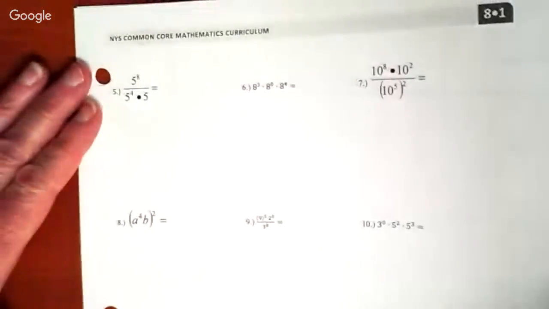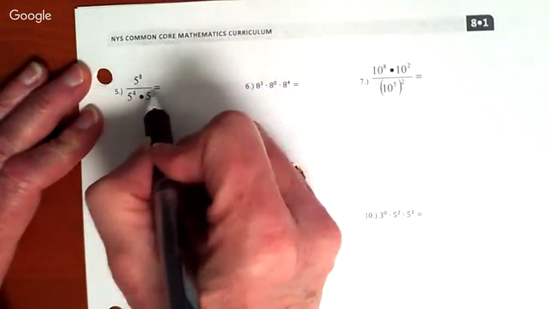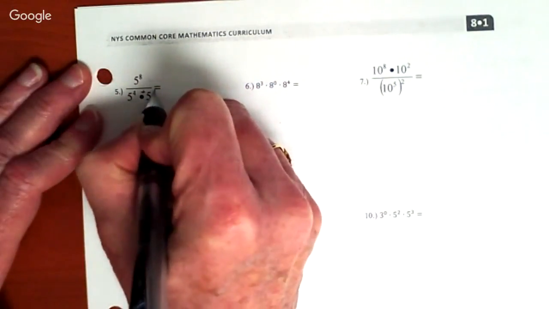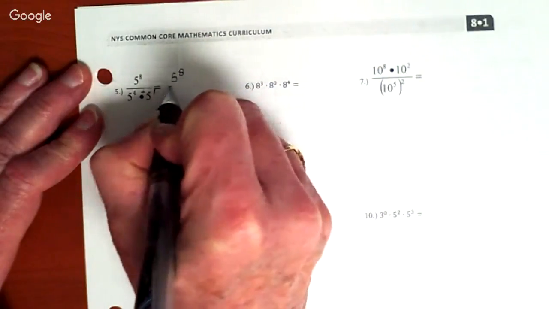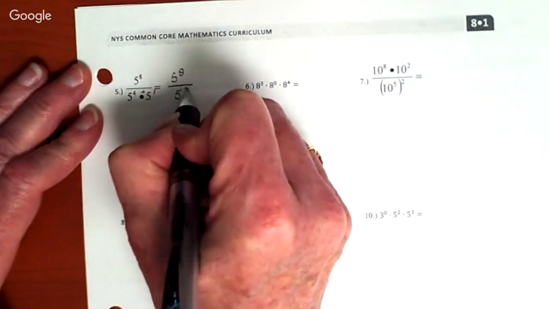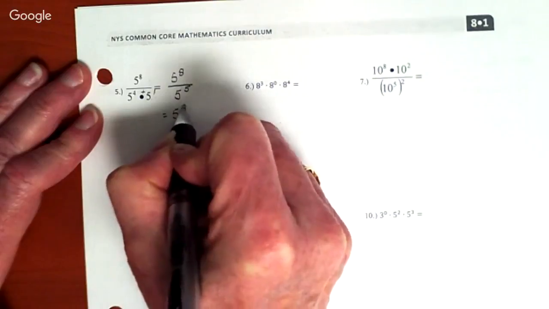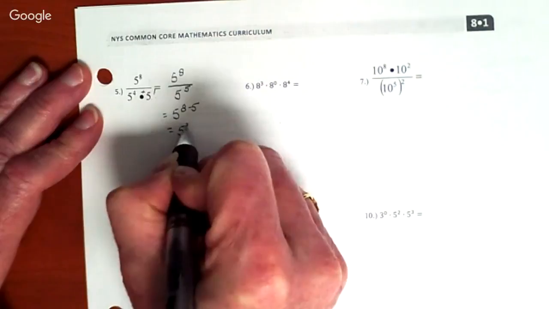Next, we have 5 to the 8th power divided by 5 to the 4th power times 5, so 4 plus 1. So 5 to the 8th divided by 5 to the 5th, which would equal 5 to the 8 minus 5, which would equal 5 to the 3rd.